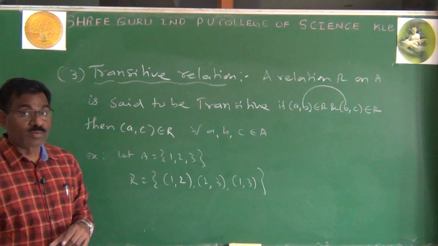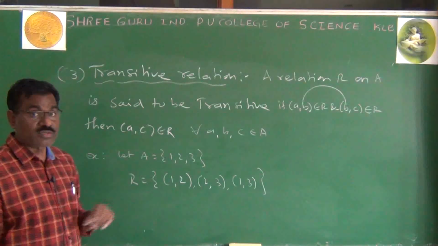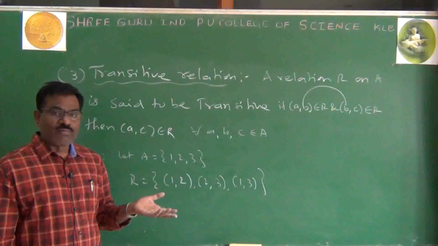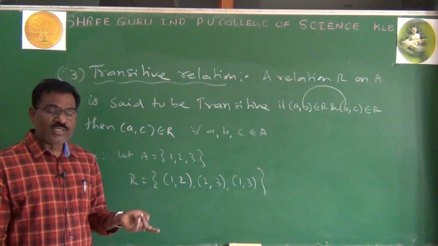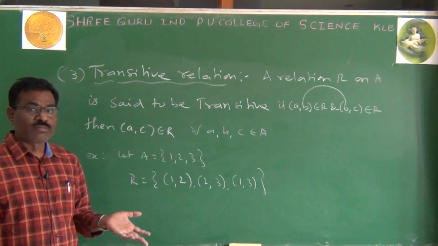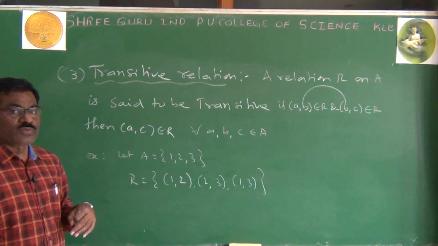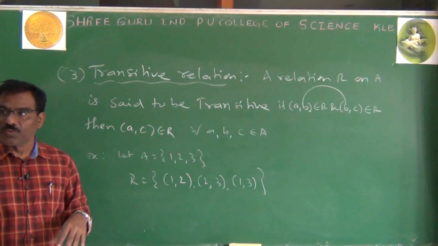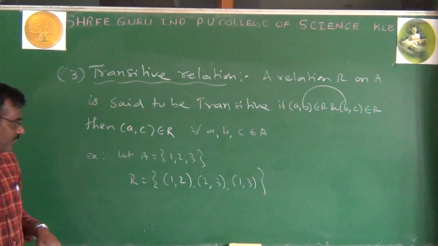If you want 100 marks, learn the different definitions. You give an example of transitive but not reflexive or symmetric. This R is 1, 2, 2, 3, 1, 3.